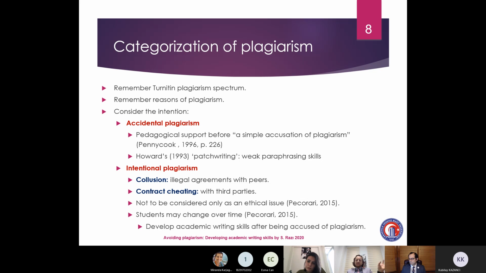So considering these reasons and checking the relevant literature, it is possible to say that some students accidentally plagiarize, whereas some others, first of all, I'm sure you are familiar with text writing. So it is a weak paraphrasing skill proposed by Howard.